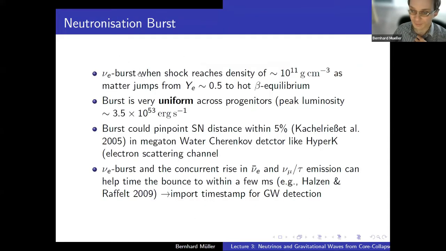So you get very similar conditions making the burst, regardless of whether you're talking about a high or low mass progenitor. And that, in a sense, makes the neutronization burst a potential standard candle.